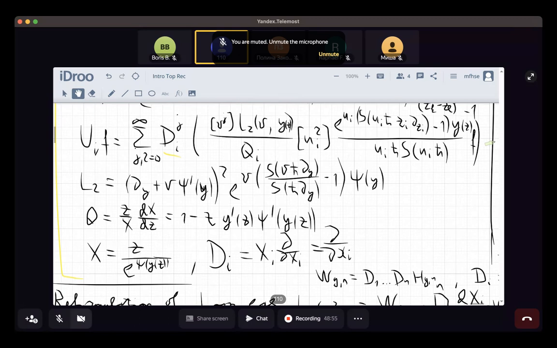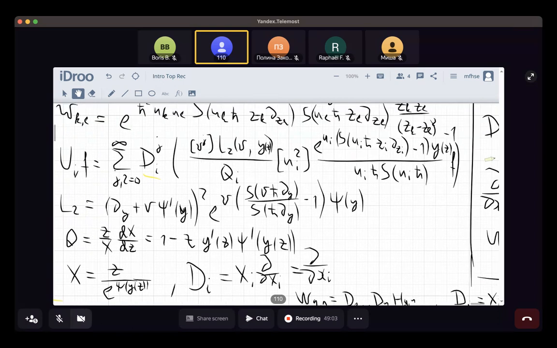But they are finite sums of ψ prime and y prime. So if you require that y prime extends to a meromorphic function and ψ prime again extends to a meromorphic function, then everything is okay. So we need to put some additional requirements that y and ψ extend to meromorphic functions on our series. Otherwise, it won't work.